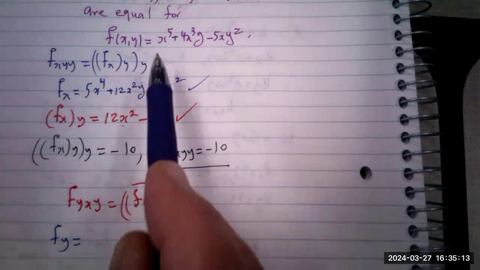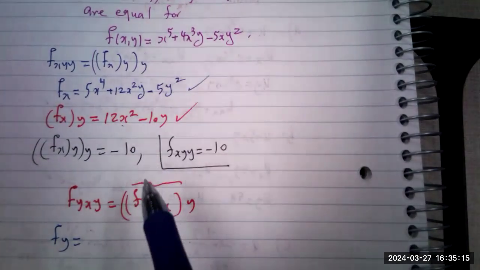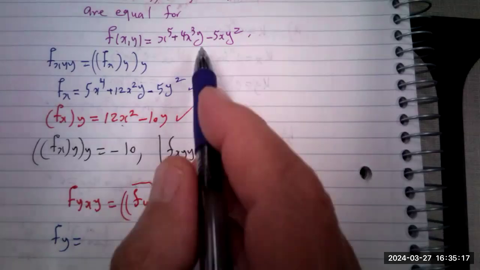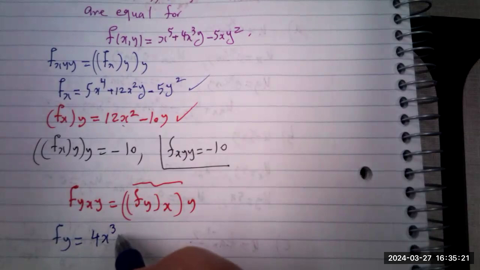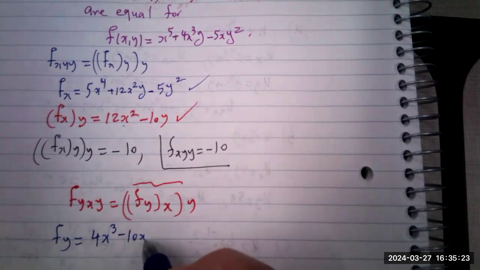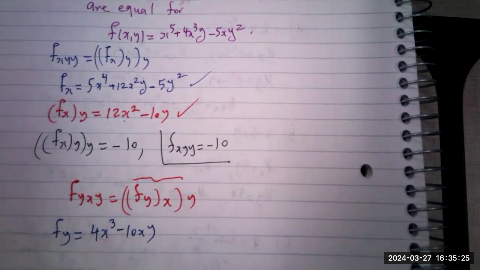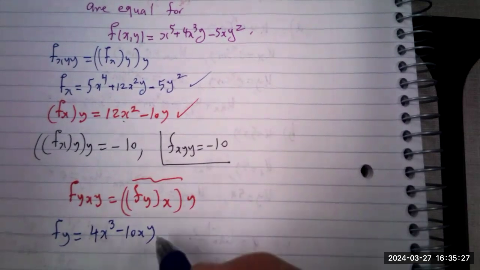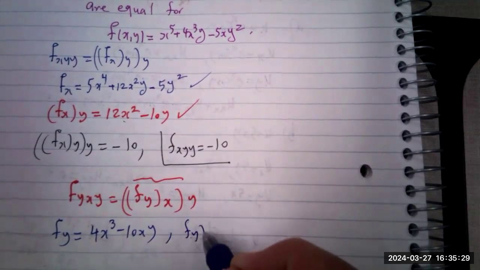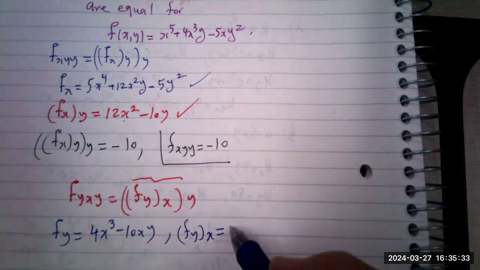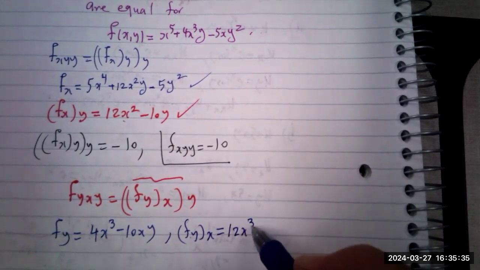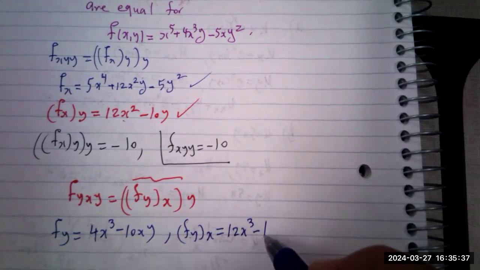Okay. So this is going to be, with respect to the y, 4x cubed minus 10xy. That's with respect to the y. Okay, now with respect to the x, you differentiate: 4x cubed gives 12x squared, and the other term gives negative 10y.